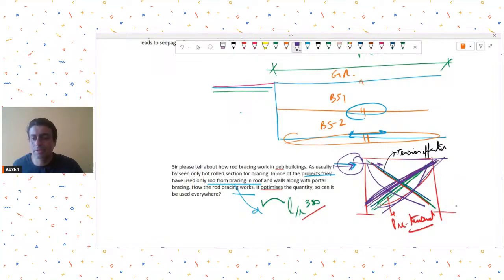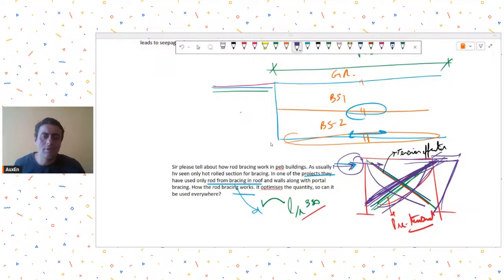So your portal will undergo some lateral deflection until this bar straightens. There will be those levels of deformations that your portal will have to take. So these rod type bracings are not a good way.